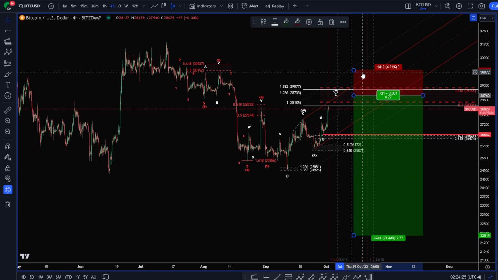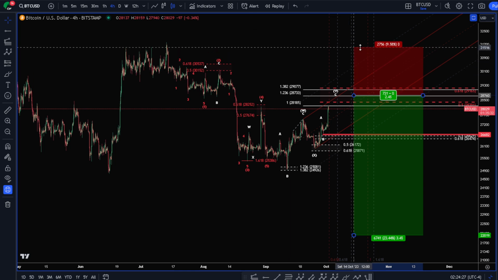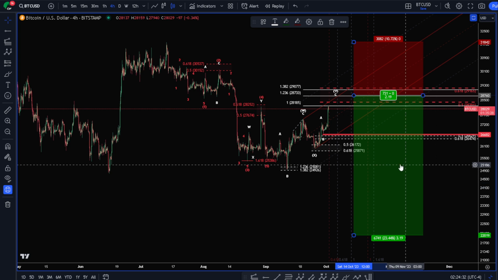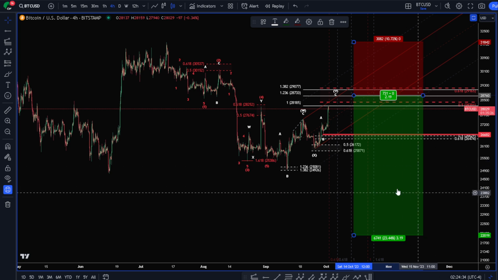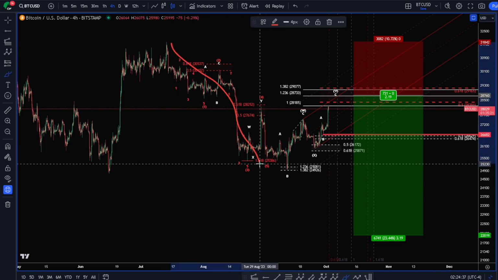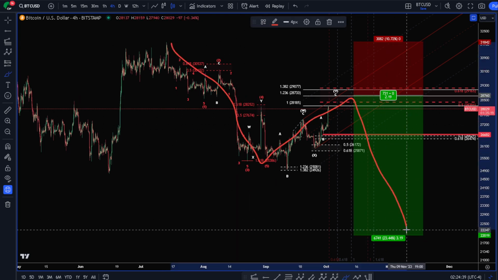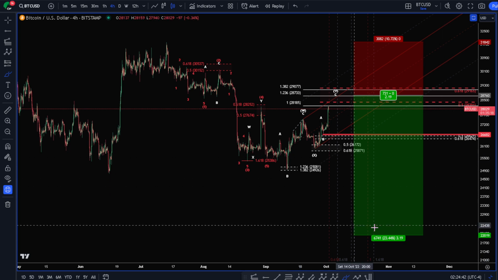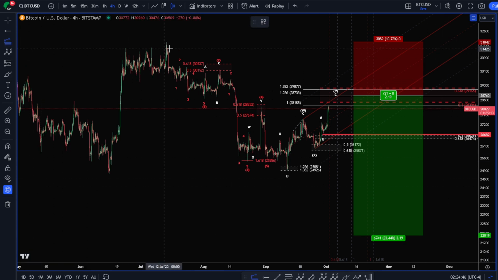Now I'm expecting lower, but that's the mid-range I'm expecting, somewhere between 21 and 24K to the downside to get a connecting leg, and this makes a B, C to the downside to complete our temporary downtrend.